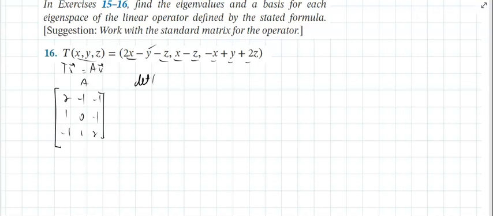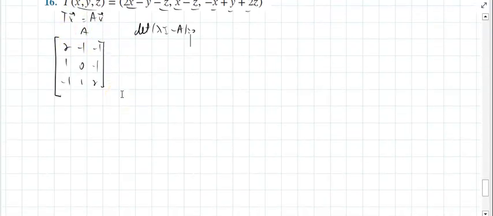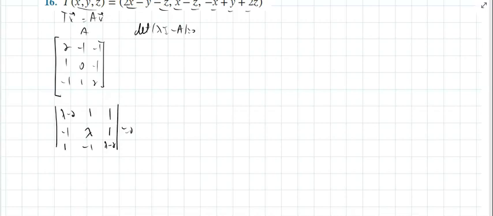Take the determinant of lambda I minus A, set it equal to 0, and the process is the same. Let me work out this problem, even though it's a bit long, but it's okay. So what would that be? That would be the determinant of lambda minus 2, 1, 1, negative 1, lambda, 1, and negative 1, 1, and lambda minus 2. I want that determinant to equal 0.